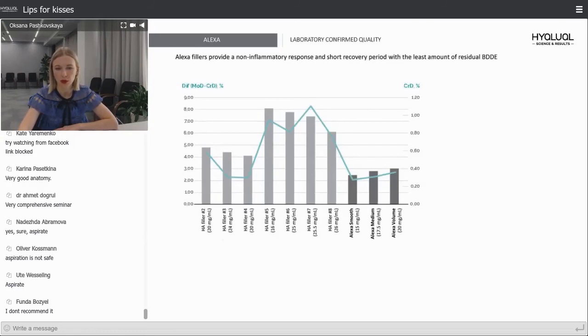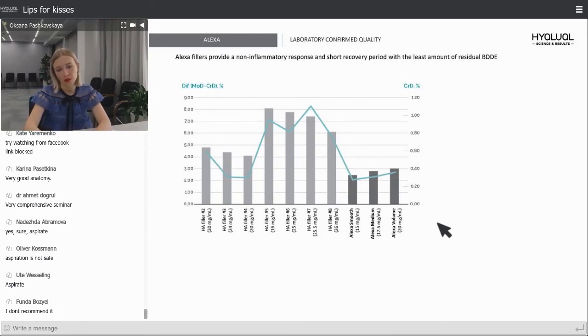And finally, about non-inflammatory response: you see, the Alexa fillers have lower rates of inflammation and shorter recovery periods, because I prefer to inject lips in an atraumatic way, maybe just a few injections, and that's it, to achieve really natural, good results and not traumatize the lips in a significant way.